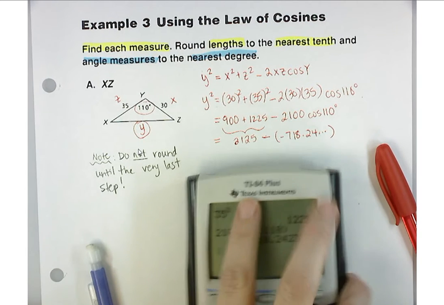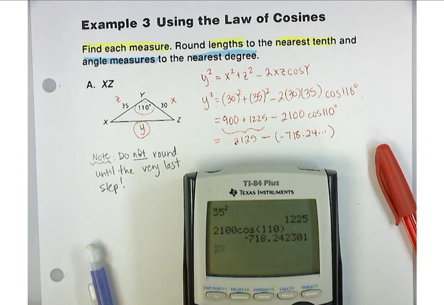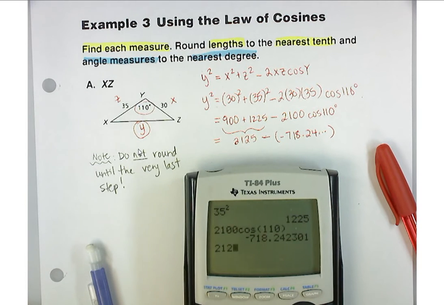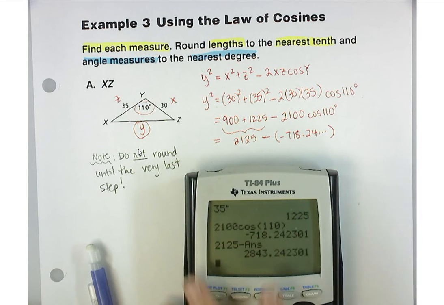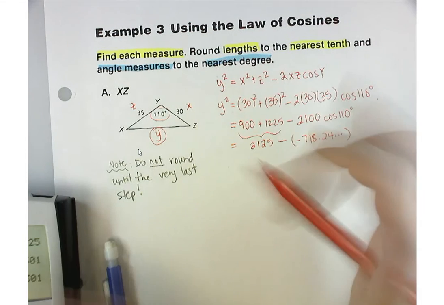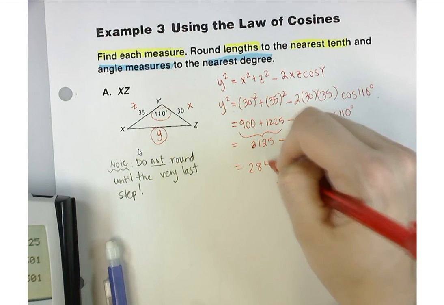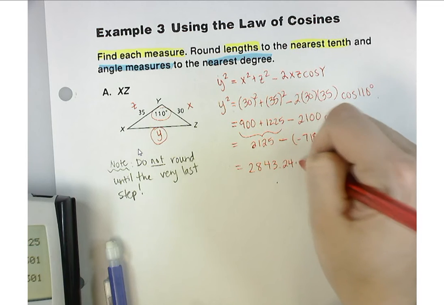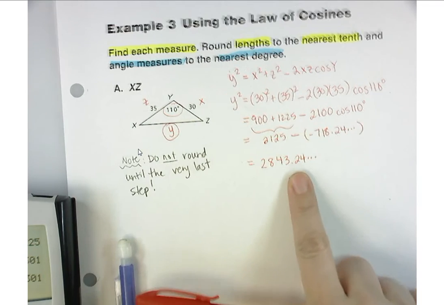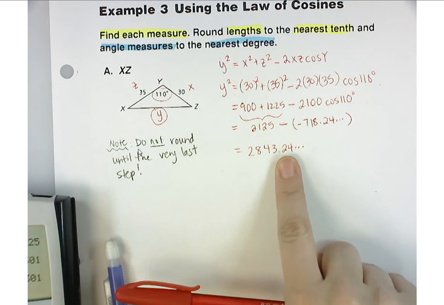Okay, so for the 2125, I could do minus second answer, and that would give me 2,843.24, and I'm just going to put the dot, dot, dot. That shows that I have it rounded.